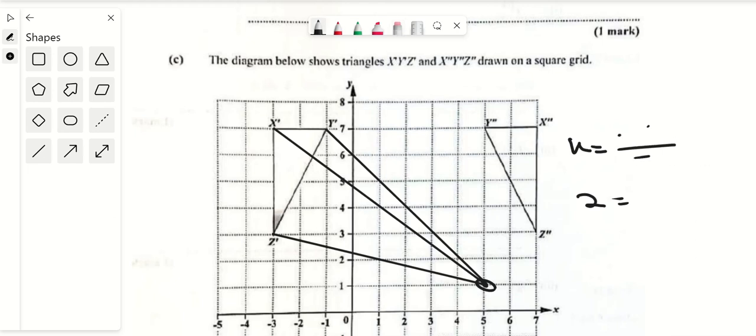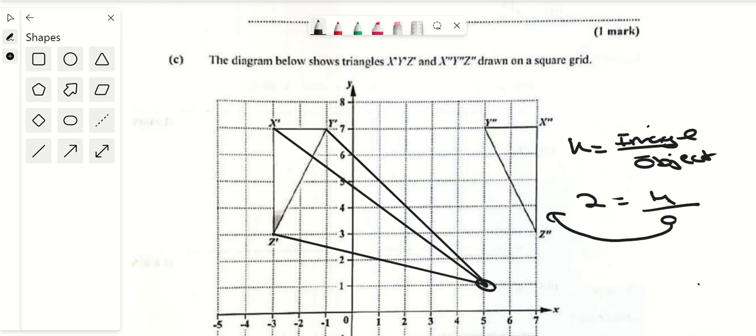So 2 is equal to the length of XZ, so that's 4, our image, divided by O. Now we can clearly see it would be 4 divided by 2, but let's carry it across.